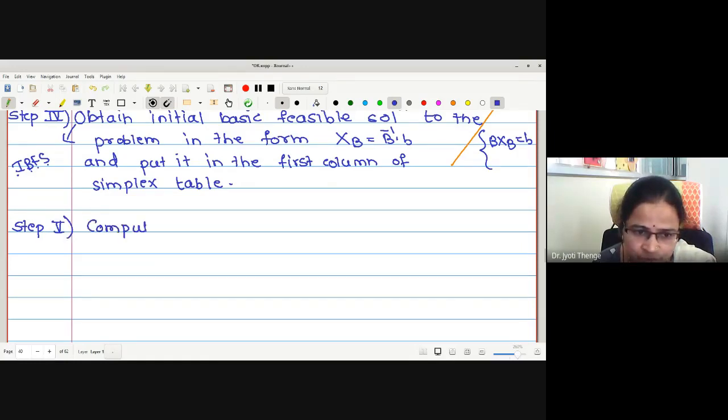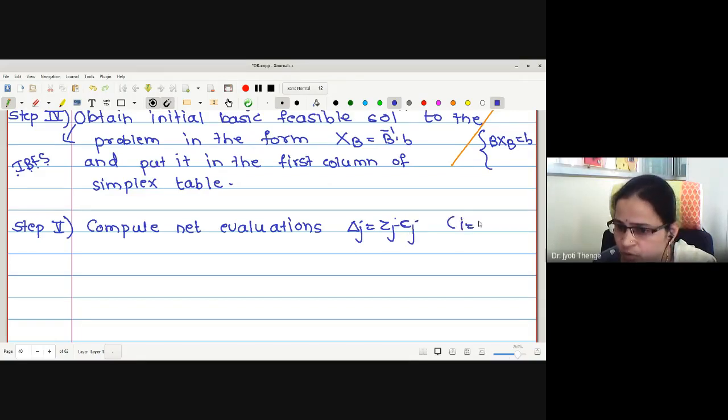Compute net evaluation. One formula is given to us. Compute net evaluation: delta j is equal to zj minus cj, for j equal to 1 to n, by using the relation.